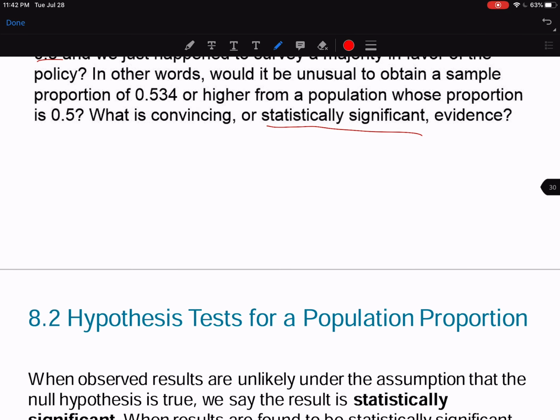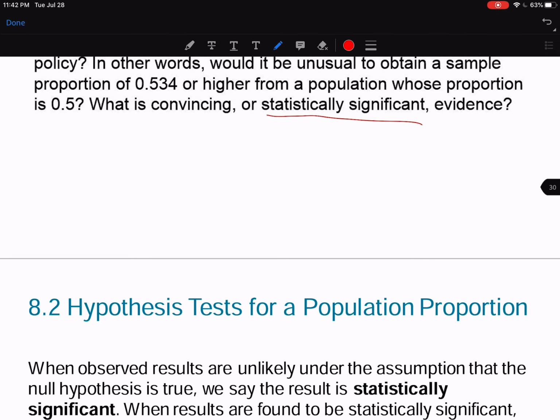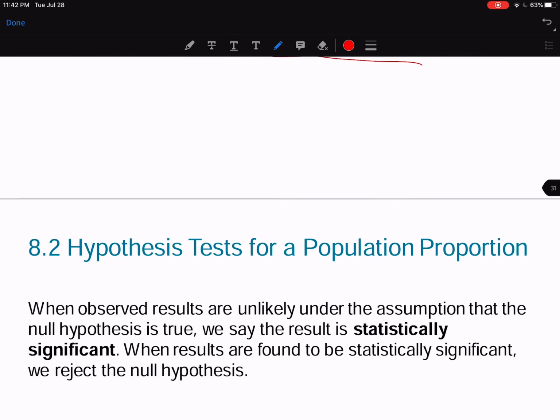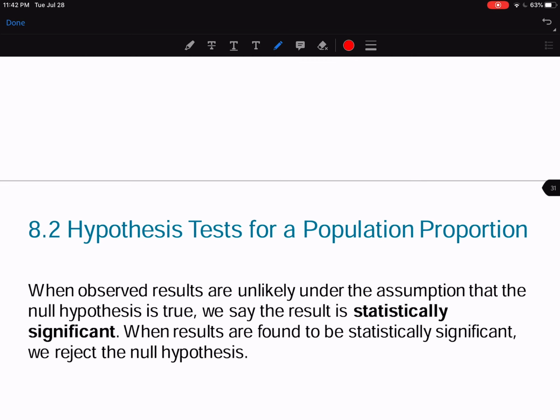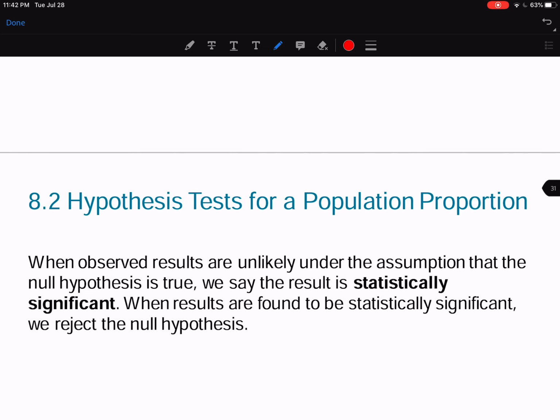All right, since it says at the last, what is convincing or statistically significant evidence, let's take a look at what kind of evidence is statistically significant. When observed results are unlikely under the assumption that the null hypothesis is true, we say the result is statistically significant.